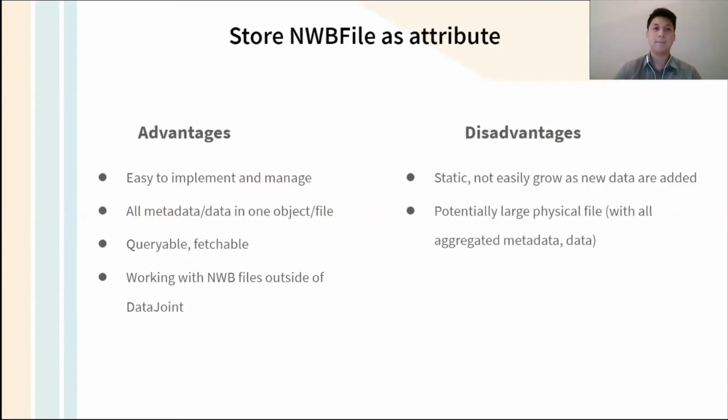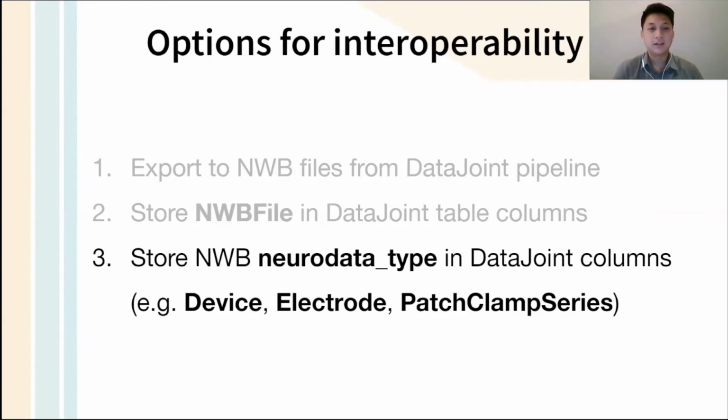Okay. All right, so that brings me to the next approach, perhaps a much more integrated version of NWB and DataJoint interoperability, where we can store NWB neurodata types in a DataJoint column. Using the same approaches we used before, you can easily imagine that we can build more adapters that work not just at the NWBFile object level, but at the level of individual neurodata types.